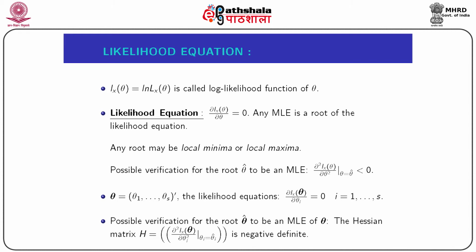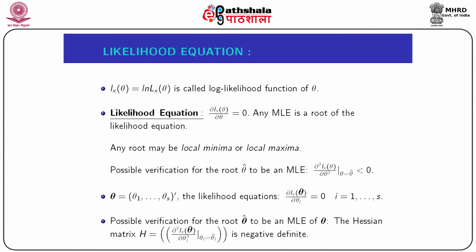Let theta equal to (theta 1, ..., theta s), which is a vector valued parameter. Then the likelihood equations will be the first order derivative of capital L_x(theta) or small l_x(theta) with respect to theta i equal to 0 for all i from 1 to s. So that means here we will have s likelihood equations.